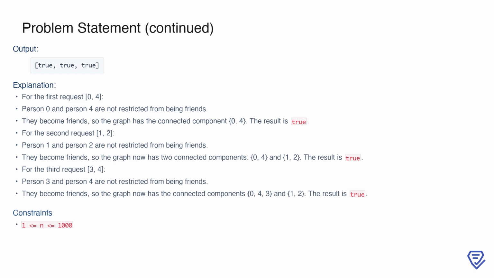For the second request, 1, 2, there is also no restriction, so person 1 and person 2 become friends, creating the component 1, 2. The result is true. Finally, for the third request, 3, 4, person 3 and person 4 are not restricted and can form a connection. The network now has components 0, 4, 3, and 1, 2, and the result is true. This example shows that multiple connected components can exist in the graph.